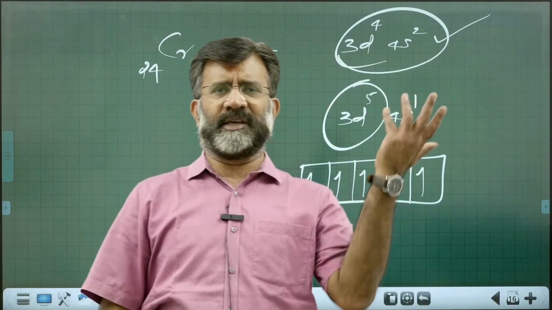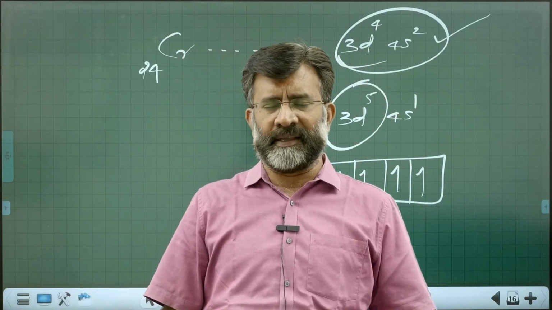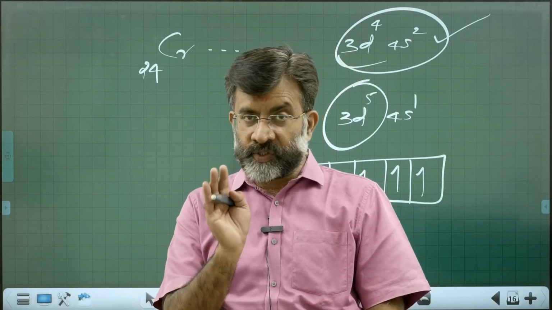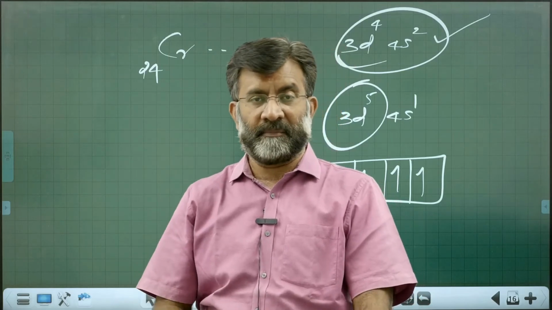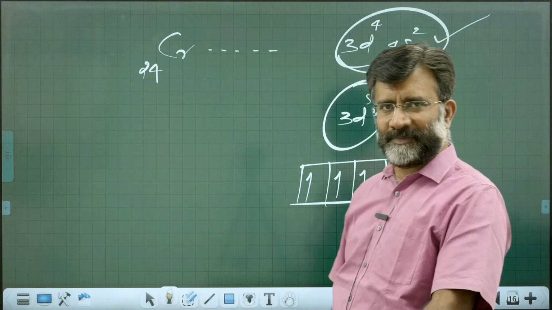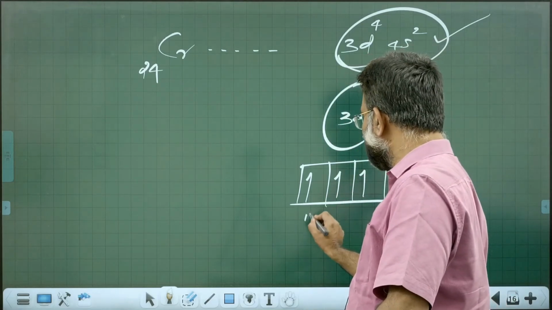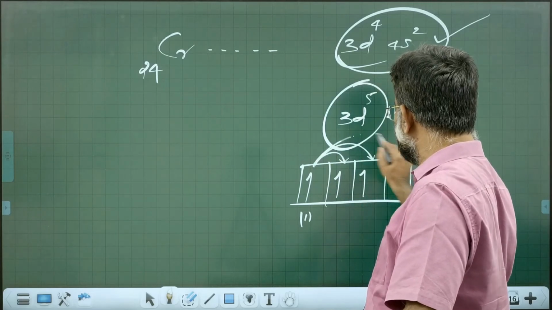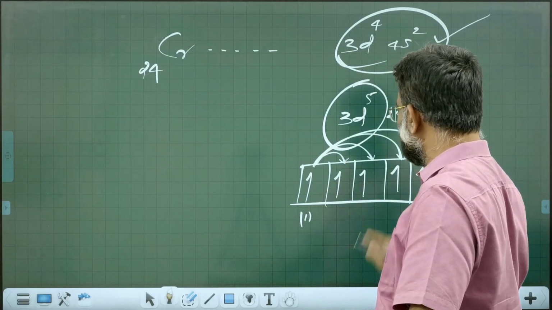There are many theories explaining its reason of stability. Symmetric electron systems are more stable. One theory. Exchange energy is maximum. Maximum number of exchanges possible. That is another theory. What is meant by exchange? Suppose you label this as one electron. It can exchange with this, with this, with this, with this.